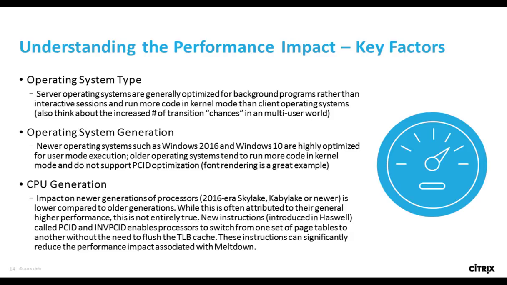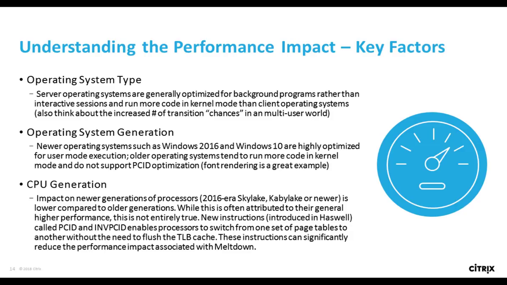And in a XenApp or RDSH multi-user world, there's a lot more chances for transitions from user to kernel mode and back. So it makes sense why client OSs aren't impacted as much. The second thing there, in terms of the OS generation, it's kind of the same story. Windows 10 and 2016, they've moved a lot more code from the kernel to user space.